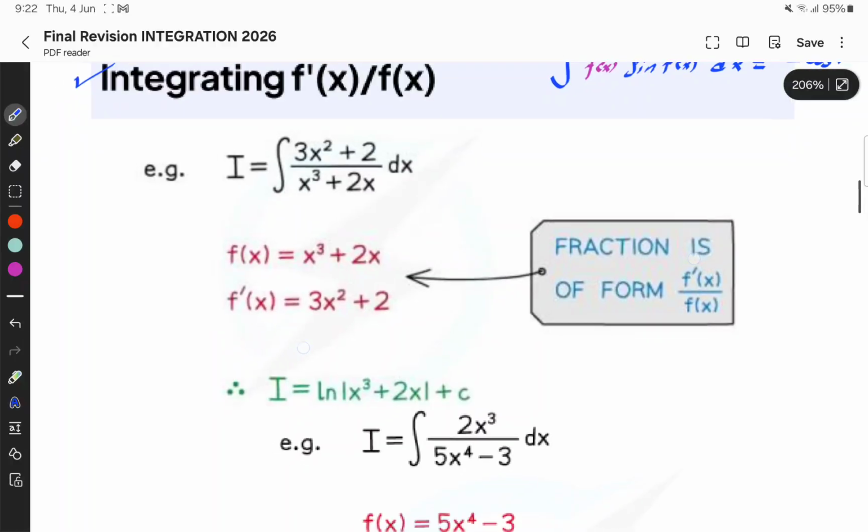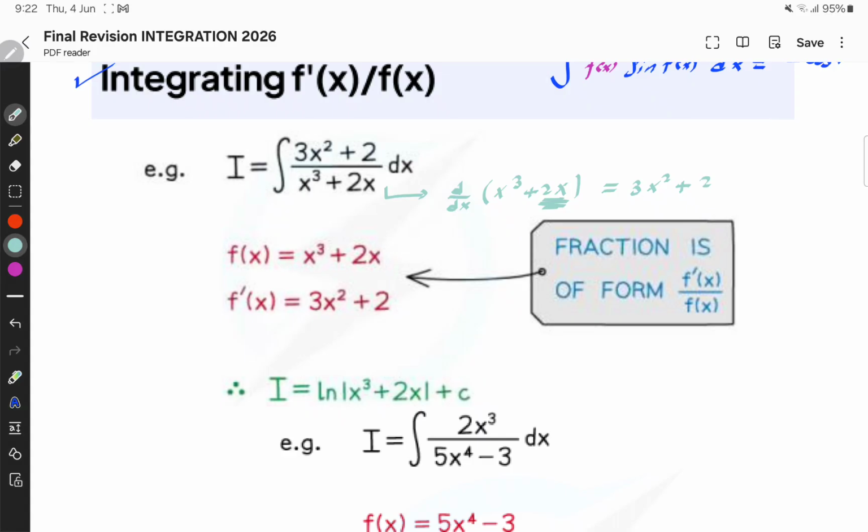So if you get any fraction like this, and you notice the degree of x to the power n in the denominator is greater than the numerator by 1, you can test the derivative. d with respect to x of x cubed plus 2x is equal to the differentiation of x cubed, as you know, 3x squared, plus the differentiation of 2x, which is 2.